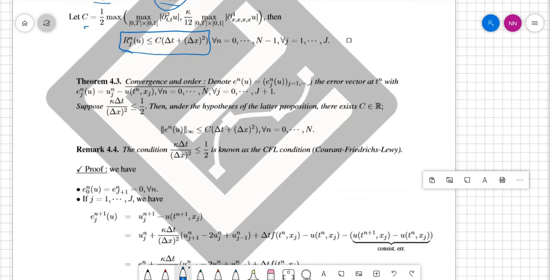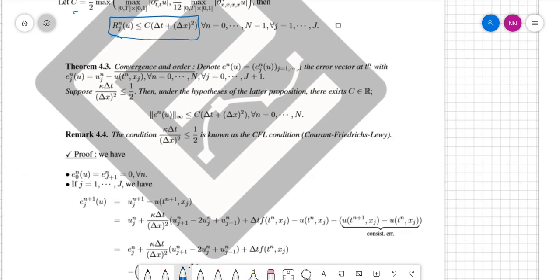Okay, so now if we want to go further a little bit and look at the convergence of the scheme, and to see if the error will go to 0 or not when delta t and delta x go to 0. So we define the error, which is e_n_j, as being u_n_j minus u of t_n and x_j. So it's the error at the point j, x_j, t_n.